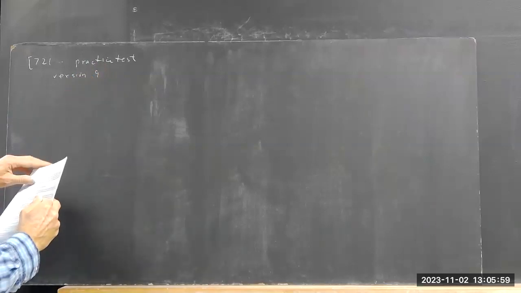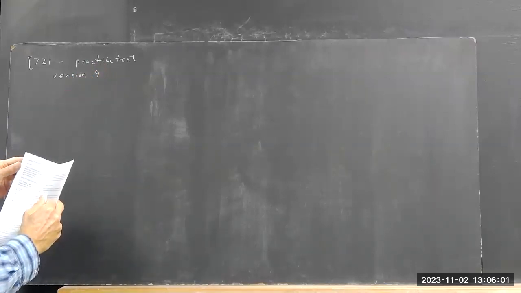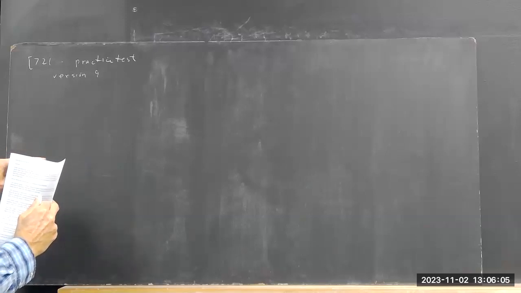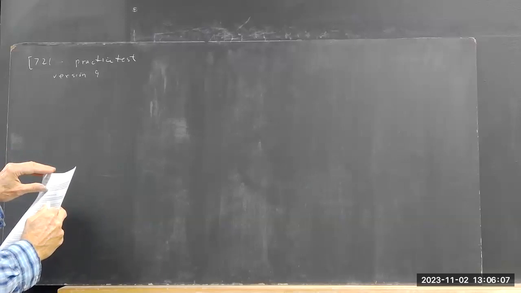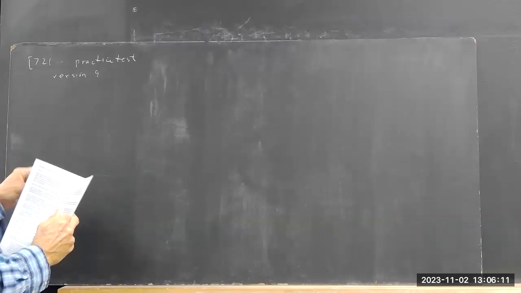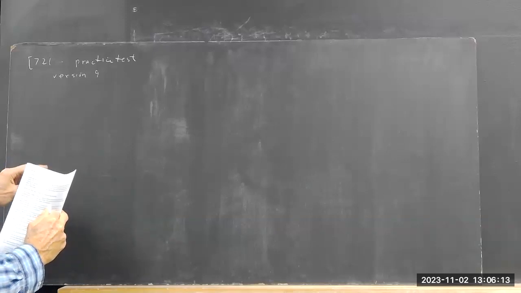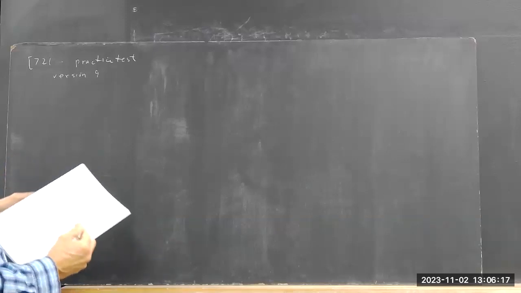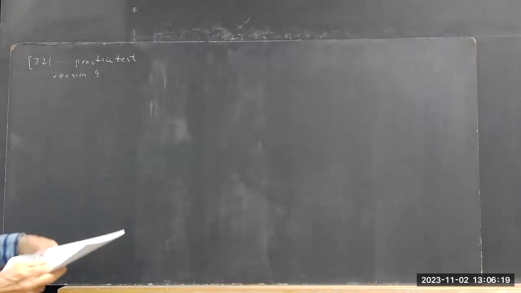I think it's version 97 because I used the last one. Let's make sure. Did I leave the practice test early? Yes, I did. Okay, actually, I guess there's only one version of the practice test.